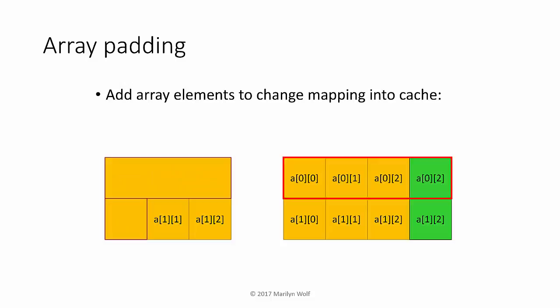Let's pad the array with extra elements. Now A[0,0], A[0,1], A[0,2] fall into one cache line, and the next cache line includes A[1,0], A[1,1], A[1,2]. We now have a much cleaner relationship between array elements and cache lines.